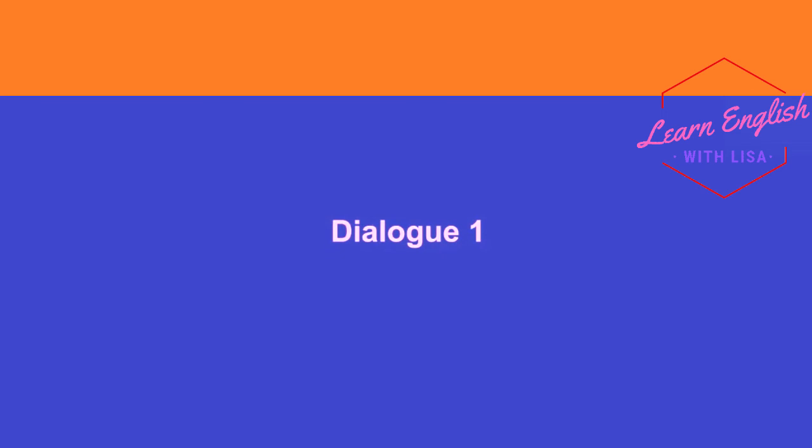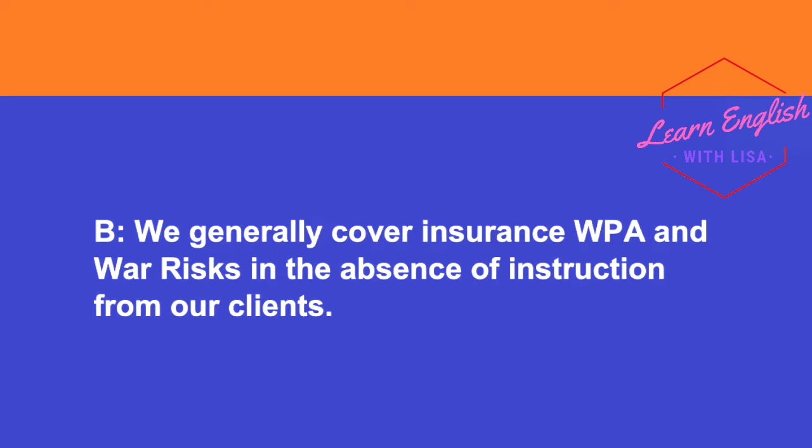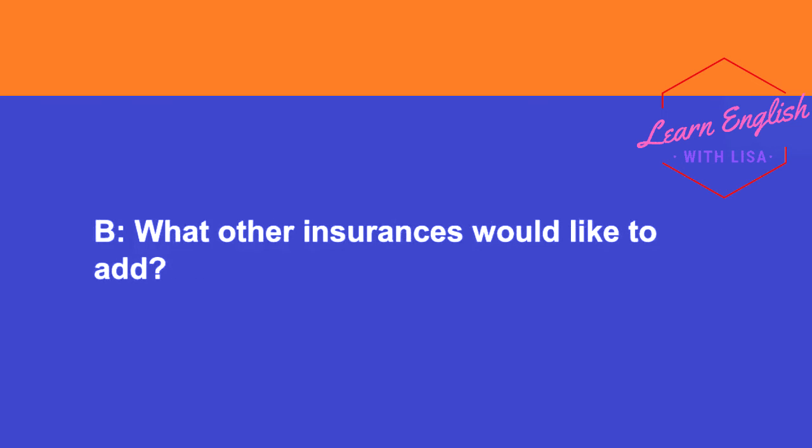Dialog 1. Do you mind telling me what kind of insurance we've got for this order of goods? We generally cover insurance WPA and war risks in the absence of instruction from our clients. WPA and war risks are too narrow for a shipment of this nature. What other insurances would you like to add?